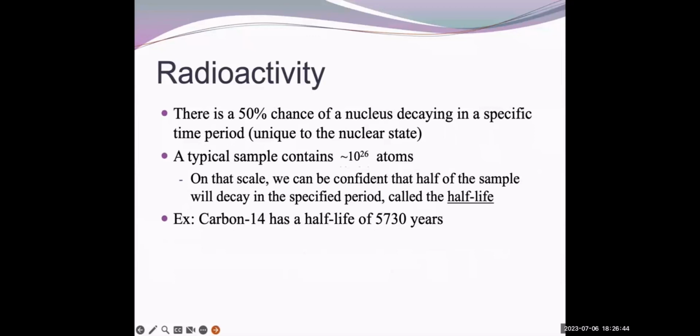So carbon-14's half-life is 5730 years. So it would take, in theory, twice as long as that for it to have another half, and then twice as long as that to have another. It's like a gradual scale that goes fractional, because it's just half times half times half times half. It just gets smaller and smaller over time. Okay.